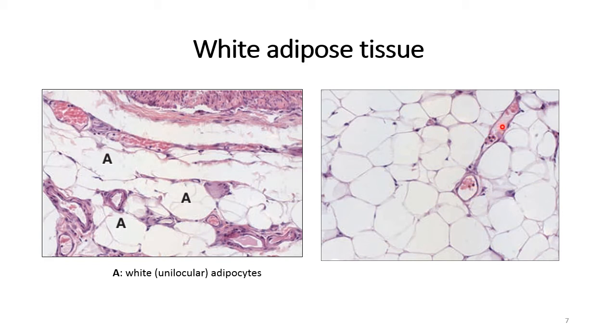Inside the blood vessels are blood cells, red blood cells and white blood cells. So this is how the white adipose tissue appears in routine histological sections stained by hematoxylin and eosin, and these images are taken by light microscopy, magnification of 100.